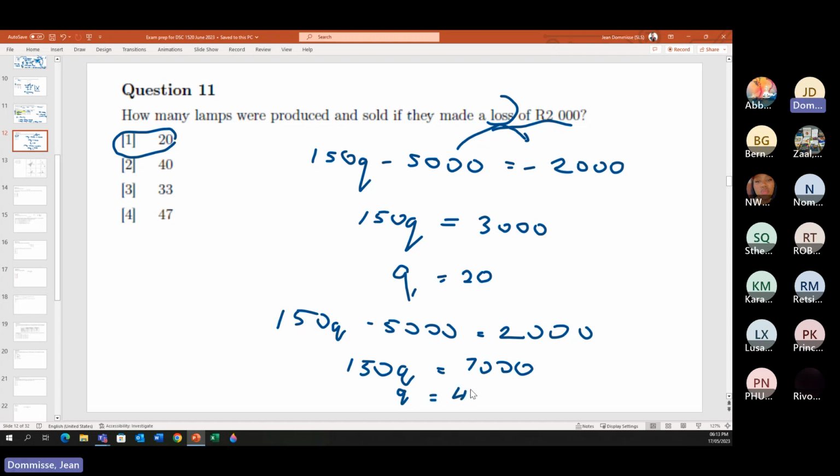So if you worked with the positive 2,000, as for a profit, there would have been an answer for you as well.